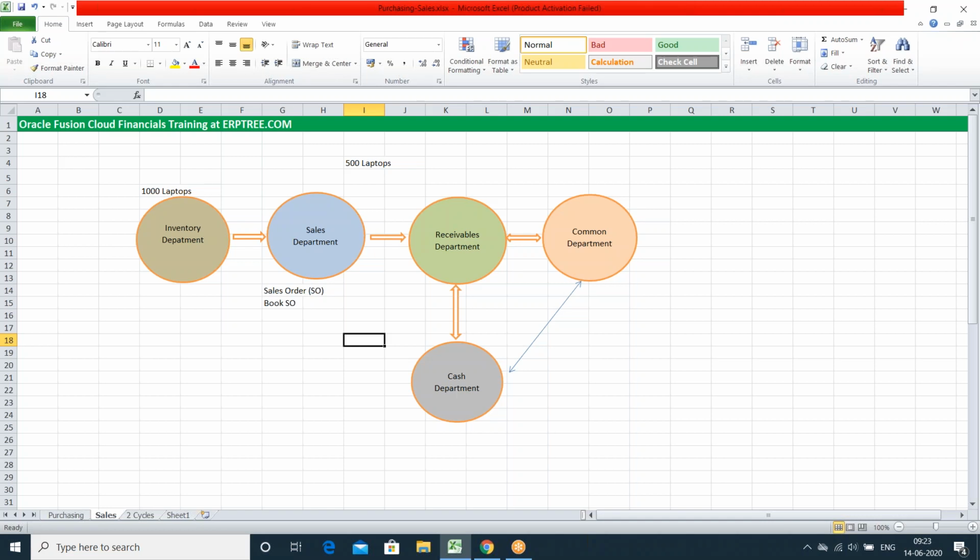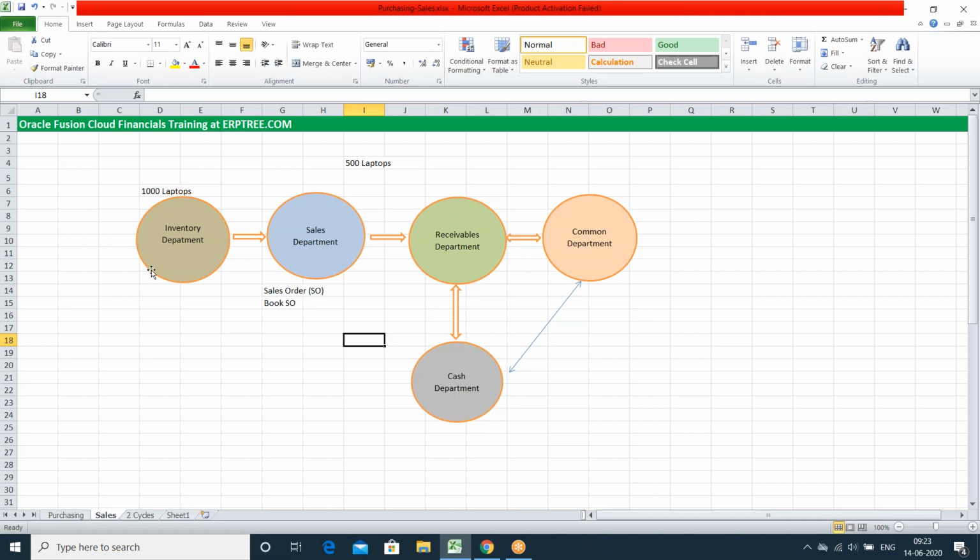First, the sales department should receive the orders from the customers. Then they have to give the confirmation. Before they give the confirmation, they have to check with the inventory department. If the inventory department says yes, we have stock, then they'll go with the booking.